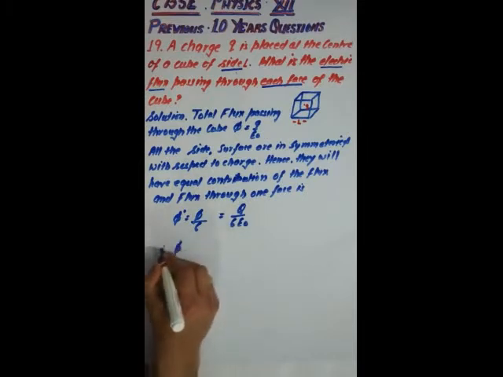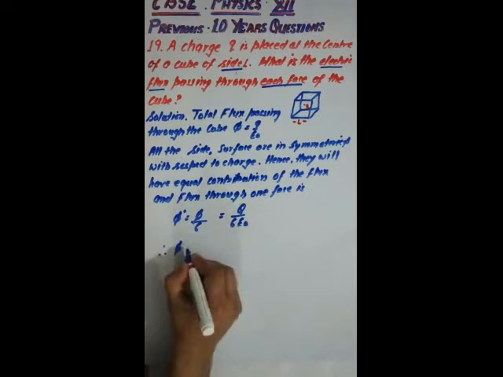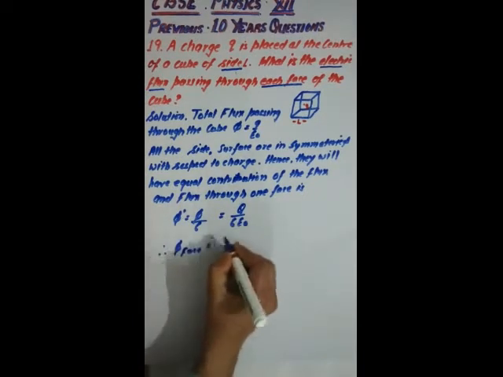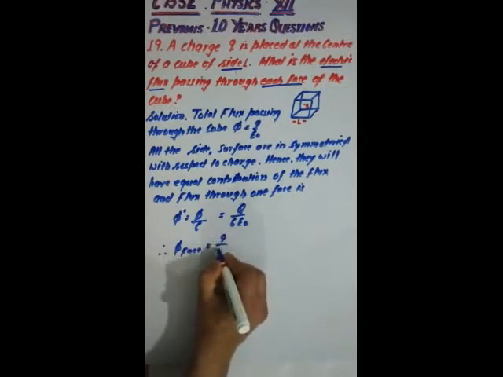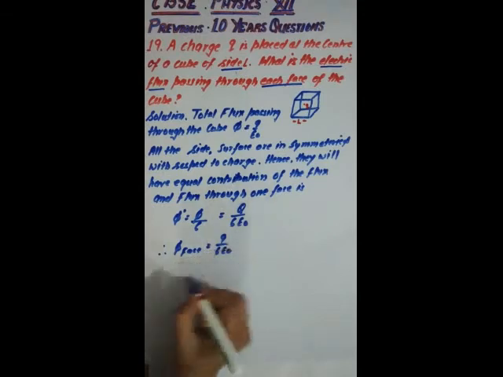Therefore, phi through each face equals Q upon 6 epsilon naught.